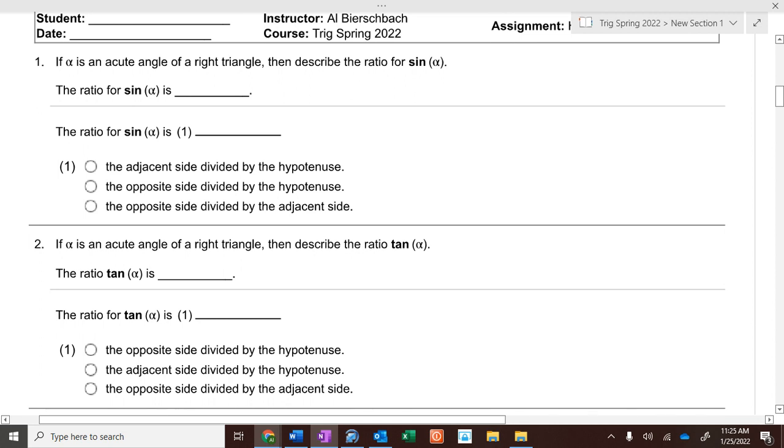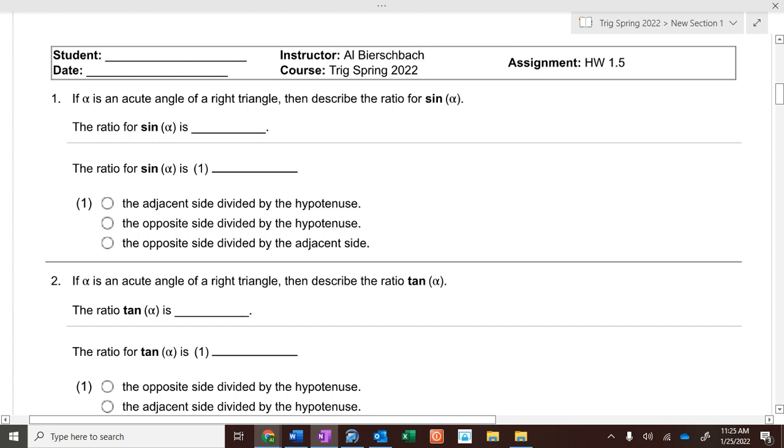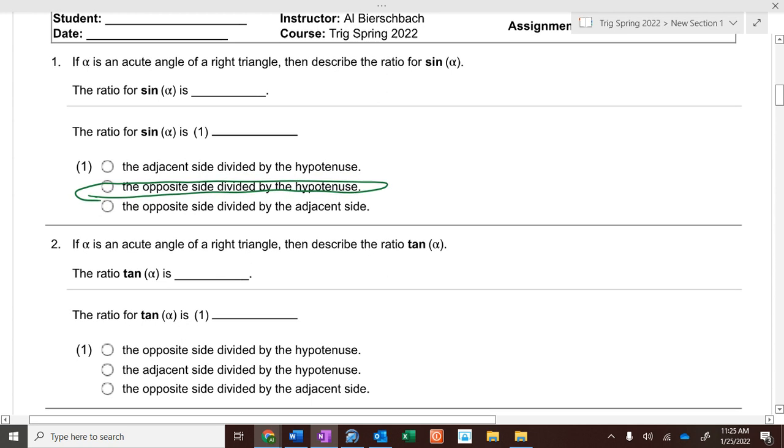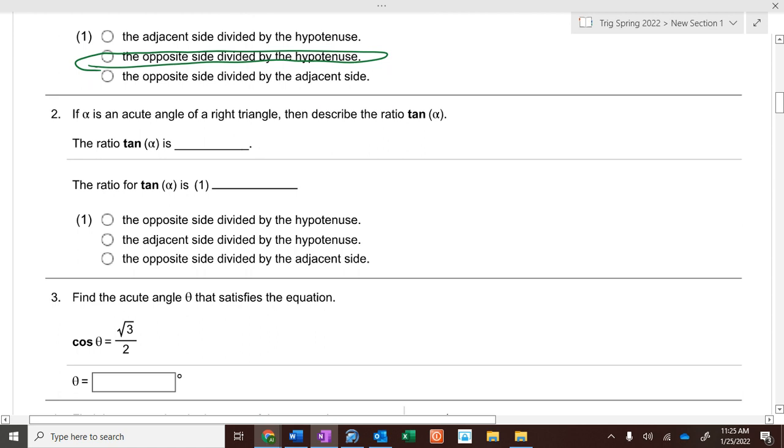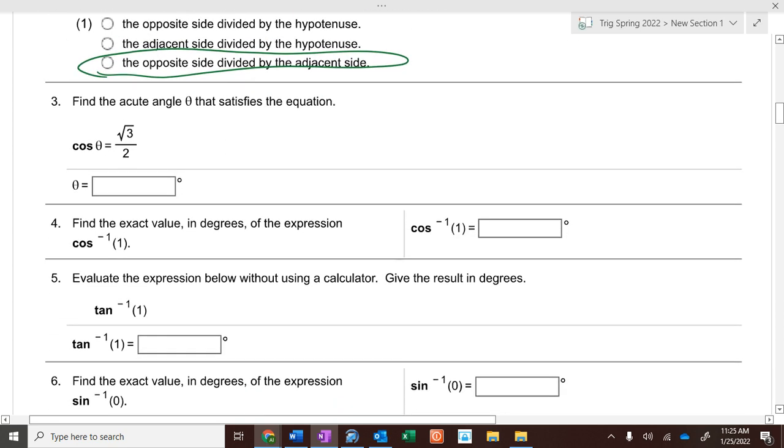What's the ratio for sine equal to? Opposite over hypotenuse, right? Okay. What's the ratio for tangent? Opposite over adjacent. So you need to know those things. Where is the cosine equal to square root of 3 over 2?